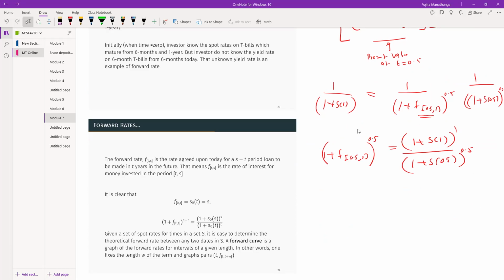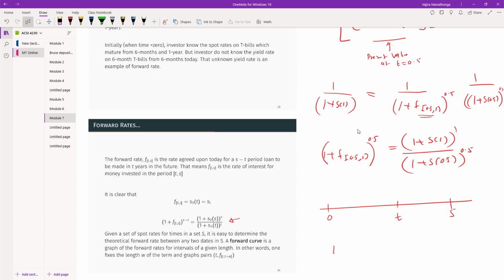Now instead of this, if I set the timeline like this, 0, T, S, then I would get this kind of formula.